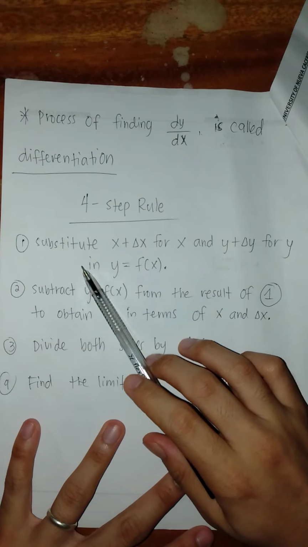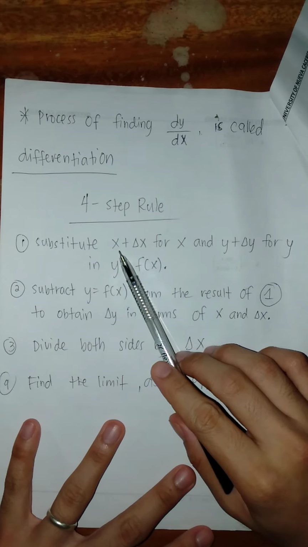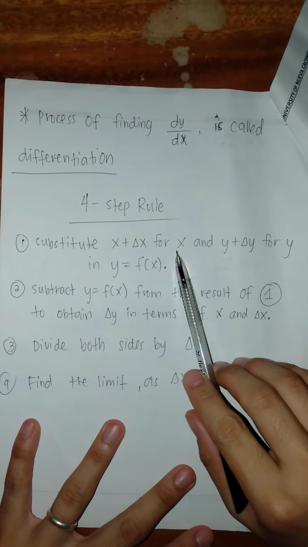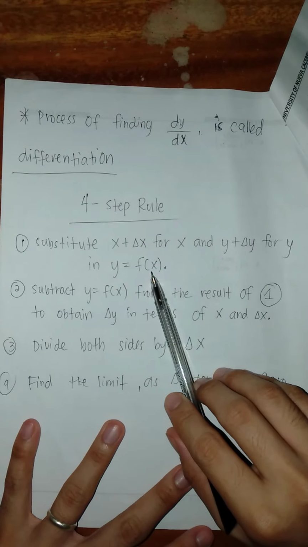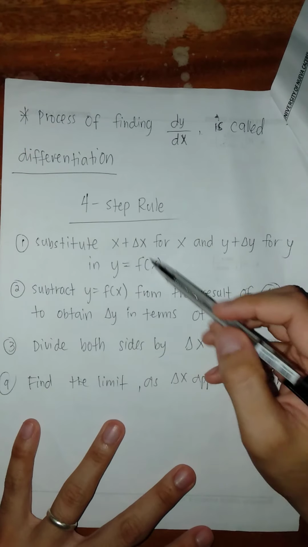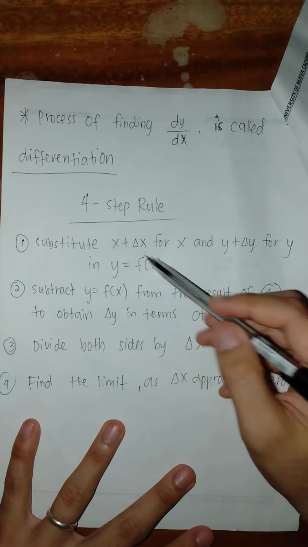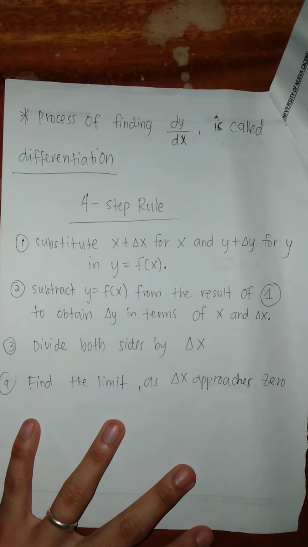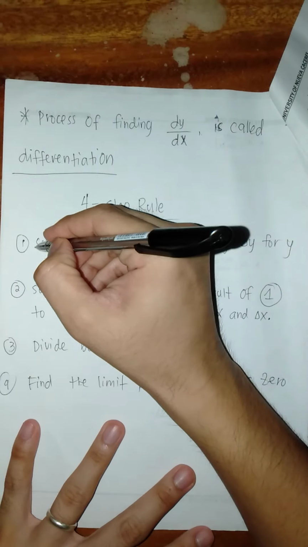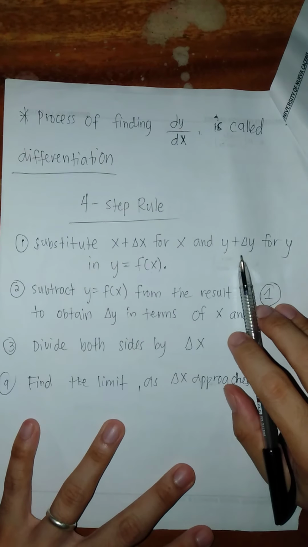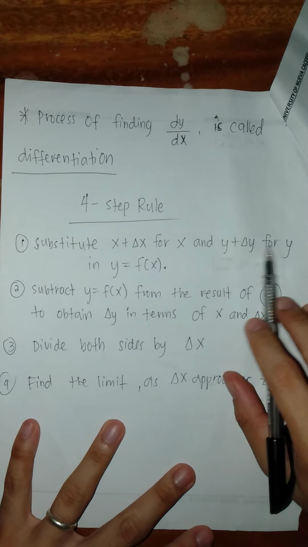Step 1, substitute x plus delta x for x and y plus delta y for y in y equals function of x. This function of x, guys, is your function. So substitute x plus delta x for x, then y plus delta y for y.